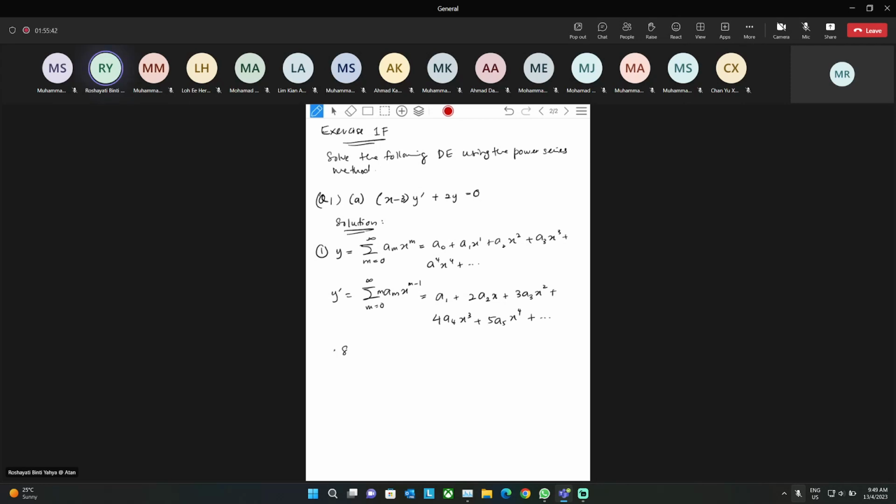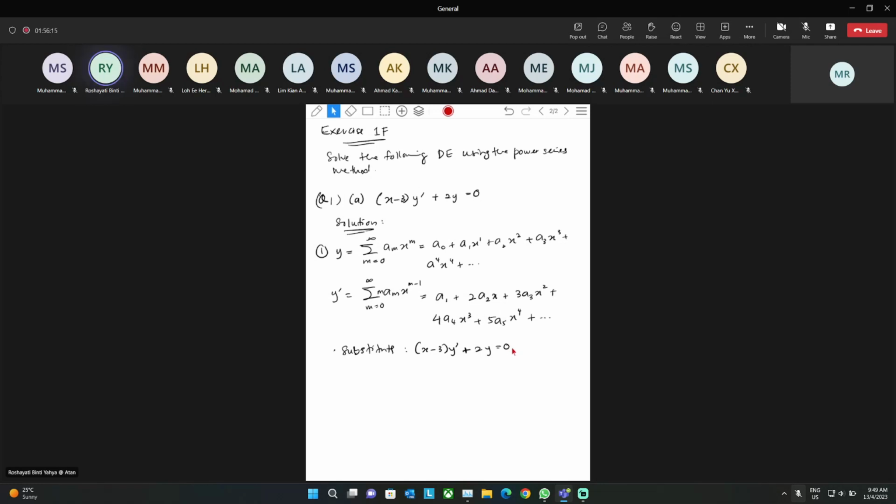Then you need to substitute. To substitute this, you have the equation x minus 3 y prime plus 2y equals 0. Again, as I just said, you can move this to the right, or this to the right.